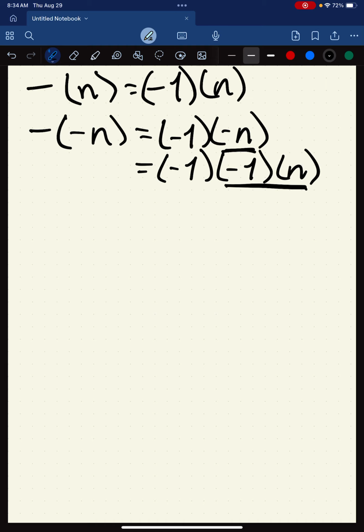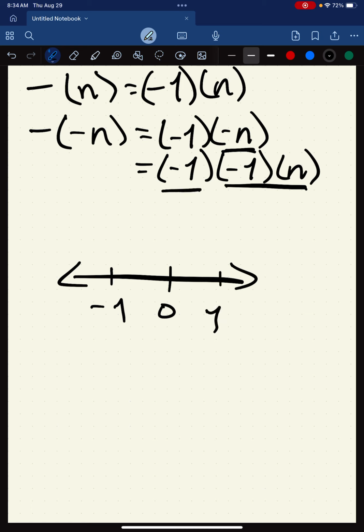So let's talk about this negative 1 times negative 1 business, because we've not really talked about it. We have our number line: 0, negative 1, 1. If we start out at negative 1 and then multiply by negative 1, that means flipping it to the opposite side of 0, which is just 1.